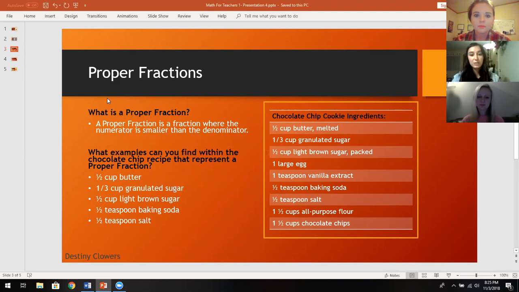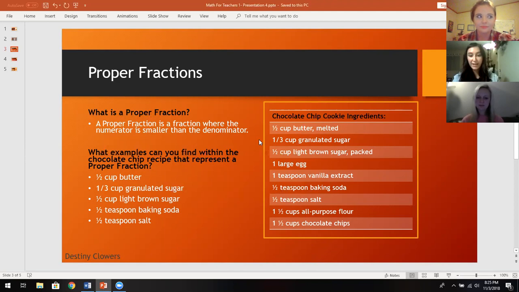Well, if we start at the very top, we'll see that we have a 1/2 cup of butter, and since 1 is smaller than 2, we know that 1/2 is a proper fraction. And same with 1/3. 1 is smaller than 3, so that fraction is proper.